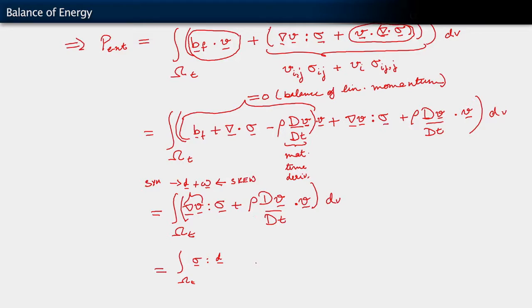We see that we can actually write out the second term as 1/2 rho d/dt of V square.